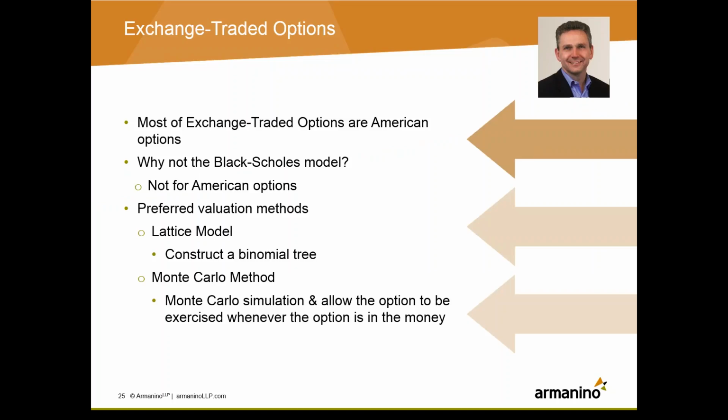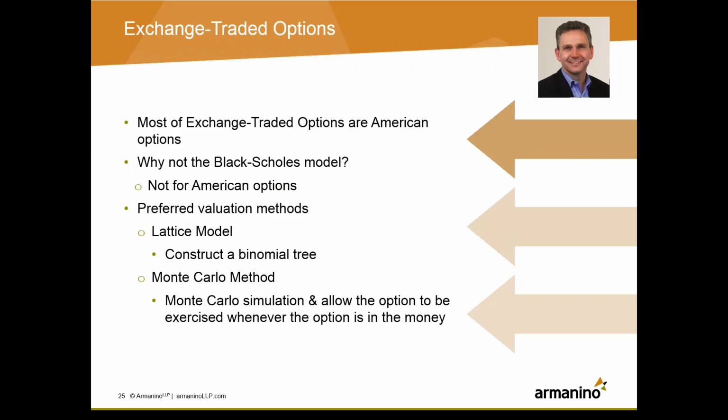American options can be exercised anytime during their life, so there is more optionality that would increase the value compared to a European option. The European option can only be exercised at maturity. So you have more, no pun intended, more options, meaning there's more value.